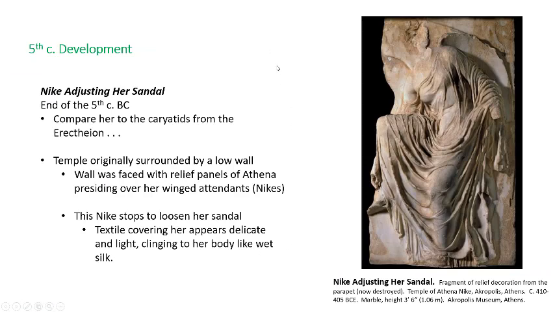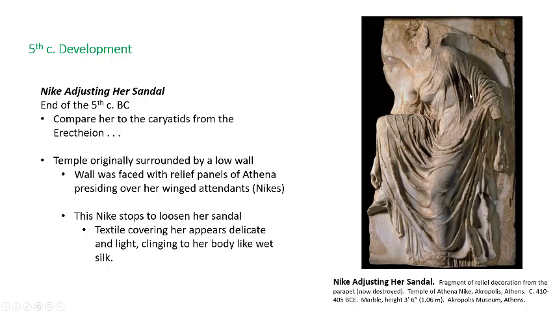The 5th century development continued, so we got all this heavy drapery too. One of my favorite pieces here is just one of several reliefs, to be perfectly honest, from the parapet on the Temple of Nike on the Acropolis of Athens.